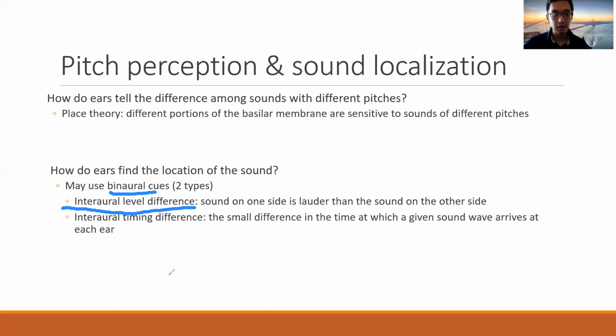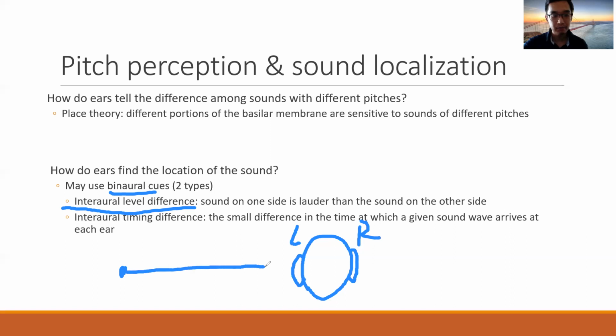For example, here are two ears, one left and one right. If the sound is coming from this place, from the left, that's the origin of the sound. The sound goes in this direction, right?